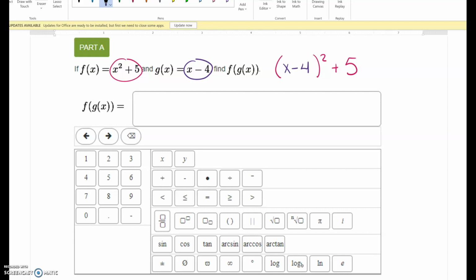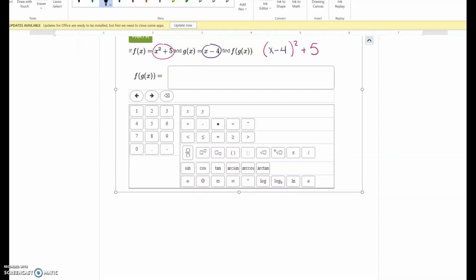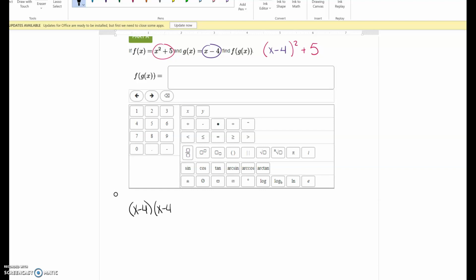Okay, here's the tricky part with this problem. X minus 4 squared means x minus 4 times x minus 4. So this part right here is not just x squared minus 16. You can't just square both of them. You have to actually do x minus 4 times itself.